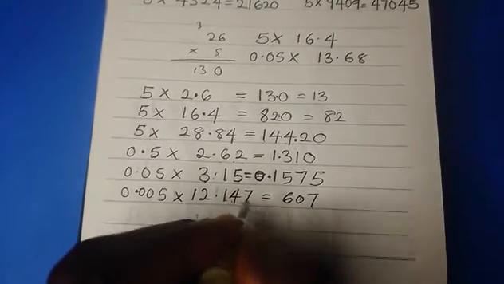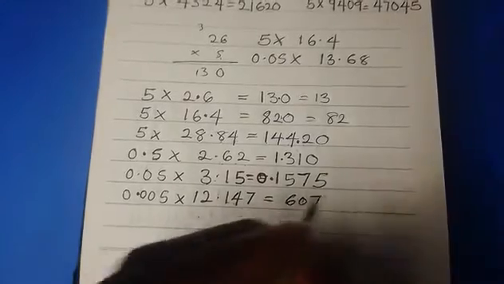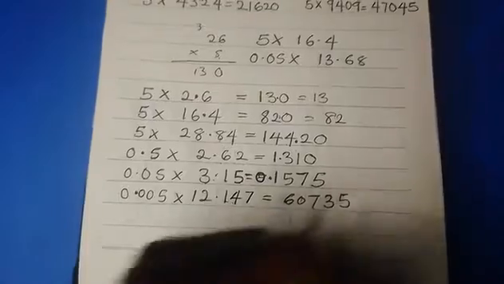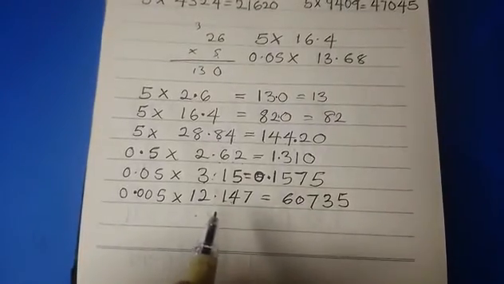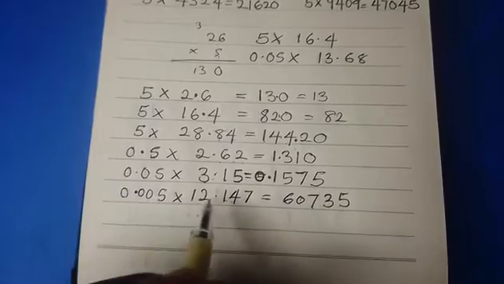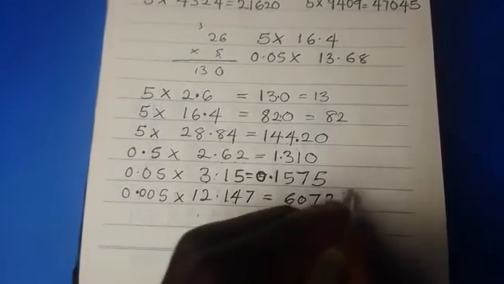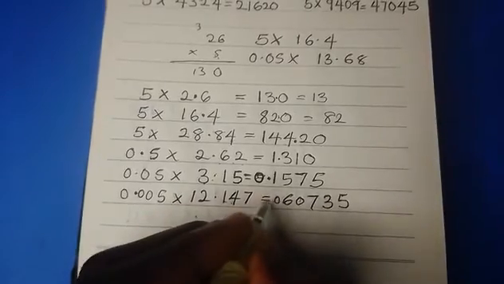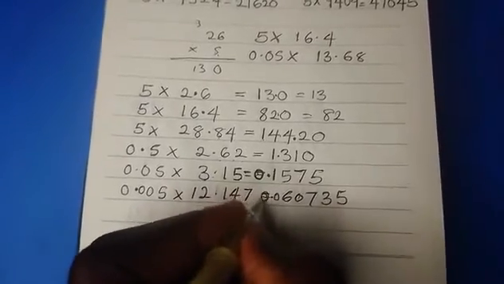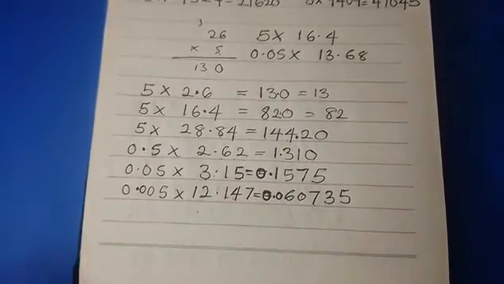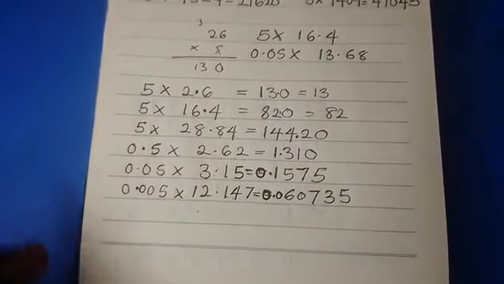This is odd, so we say 6 divided by 2, that is 3. Then we include 5 since this is odd. Now we return the decimal point. How many decimal places do we have here? 1, 2, 3, 4, 5, 6, making 6 decimal places. So we have 0 here, and our answer is going to be 0.060735.